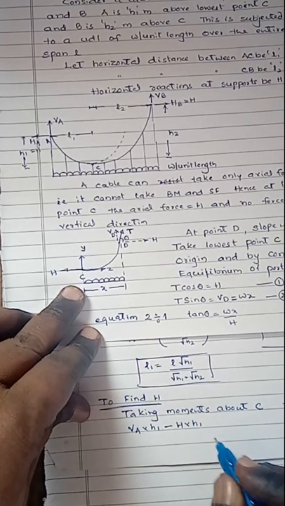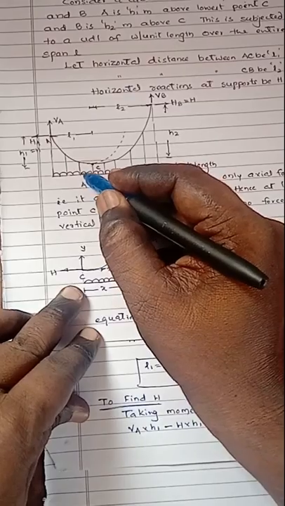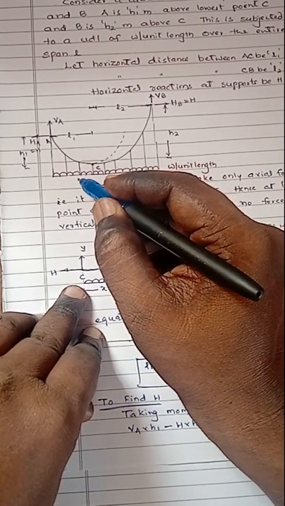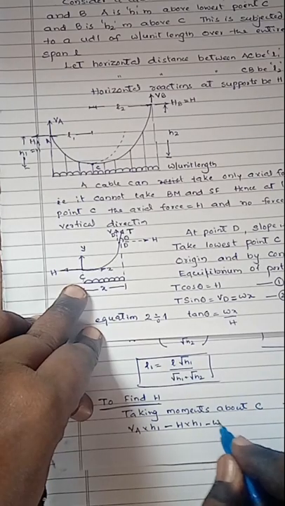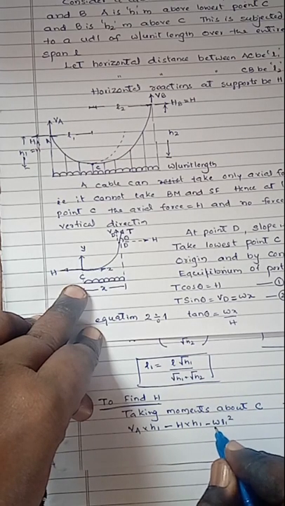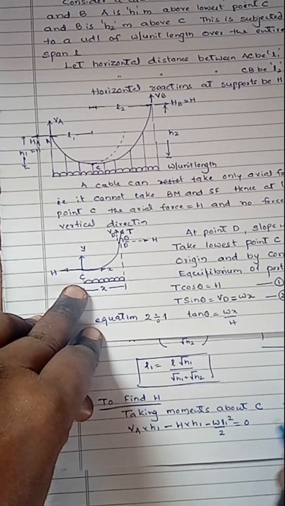Then due to UDL, that is W into L1 into L1 by 2, that one is also anti-clockwise, minus W L1 square by 2, that equals 0.